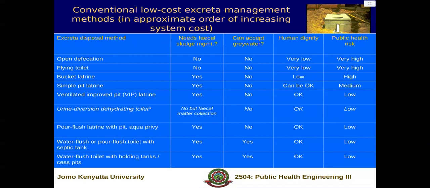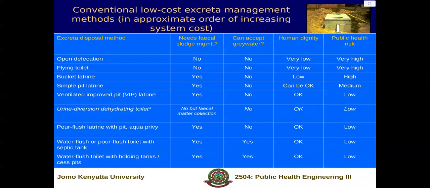If we do the water supply, it comes out, we use it either for flushing or for other domestic uses. So there is either the grey water or the black water. So this system must collect fecal sludge and also the grey water.